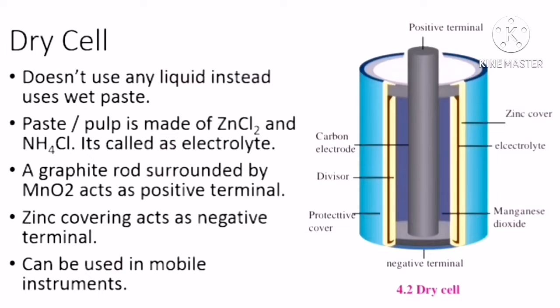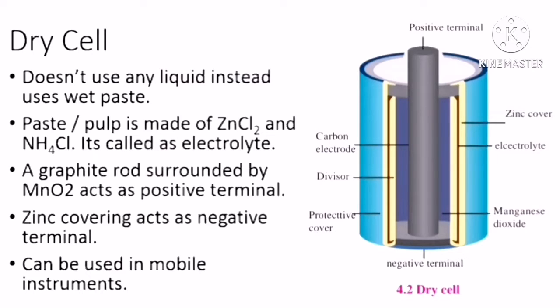Clear students? In this picture we can see the electrolyte. This electrolyte is made up of zinc chloride and ammonium chloride. Now students, this electrolyte has a carbon electrode, also called a graphite rod, and this rod is surrounded by another chemical, that is MnO2.